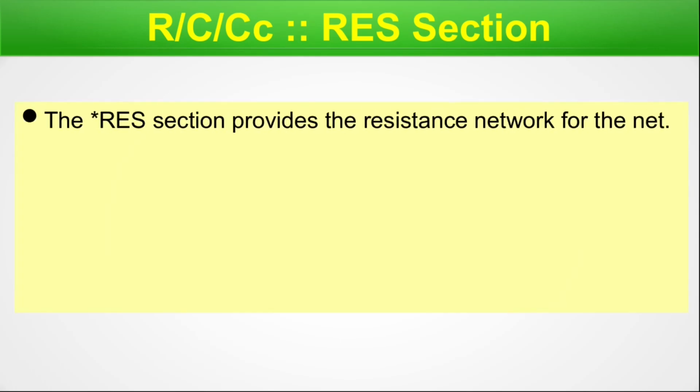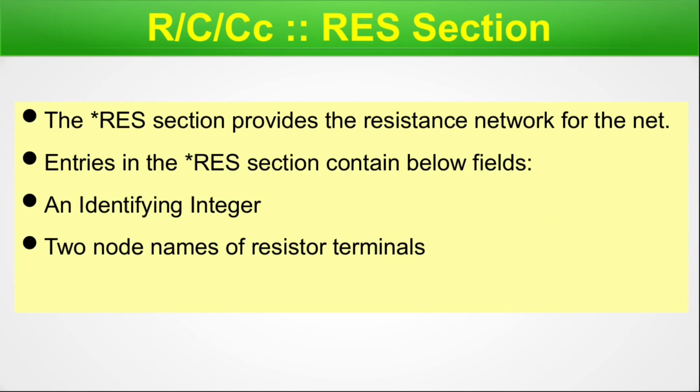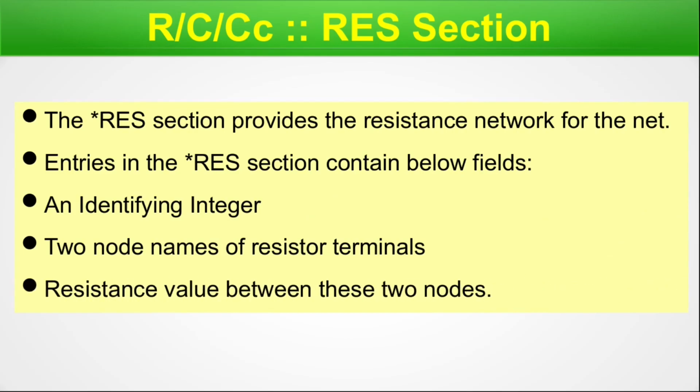The RES section provides the resistance network for the net. Each entry in the RES section contains the following fields: an identifying integer, two node names of the resistor terminals, and the resistance value between these two nodes.